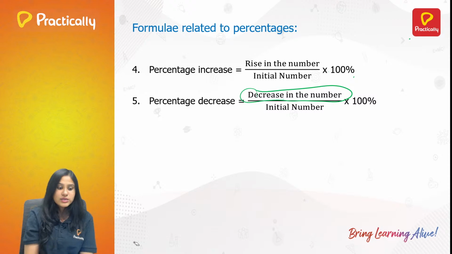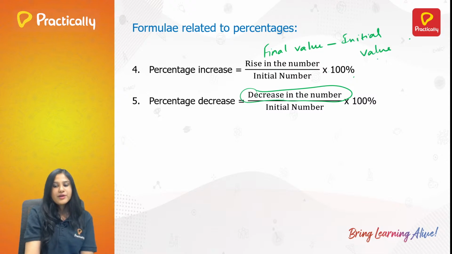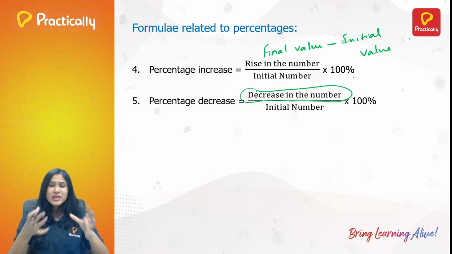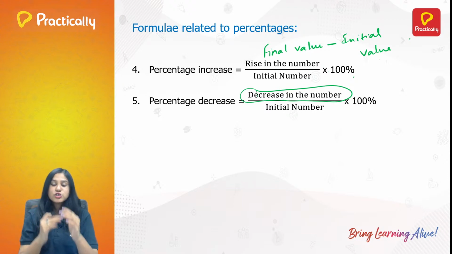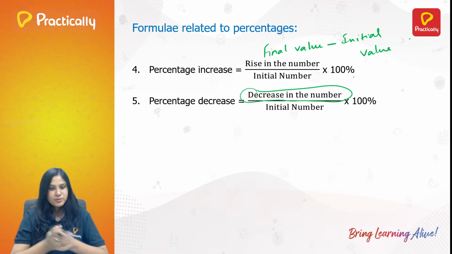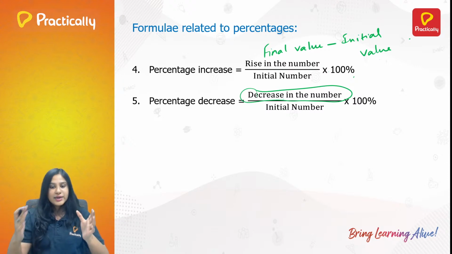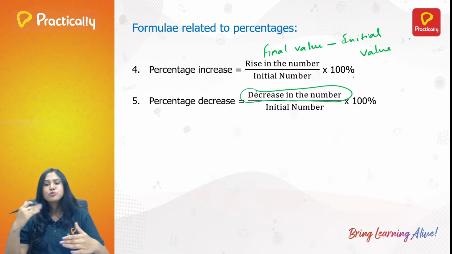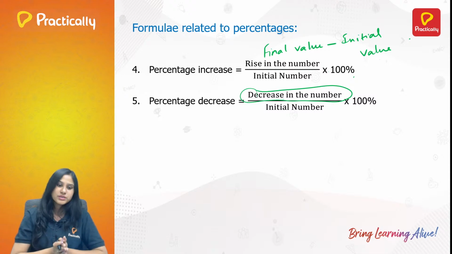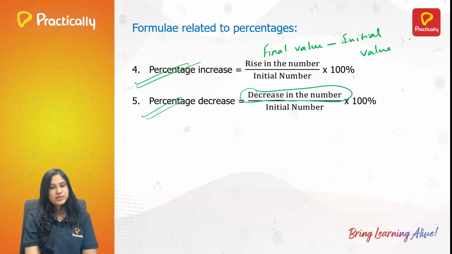Final value minus initial value into 100%. So we can easily say that this much percentage increase has happened. Same goes with the percentage decrease. Suppose it has gone from 100 to 80, that is 20, right? The difference is 20. Then divide by the initial number into 100%. So this is how we have to find the percentage increase and percentage decrease.